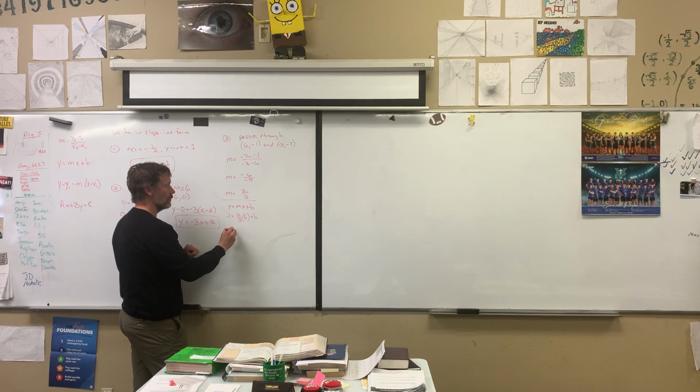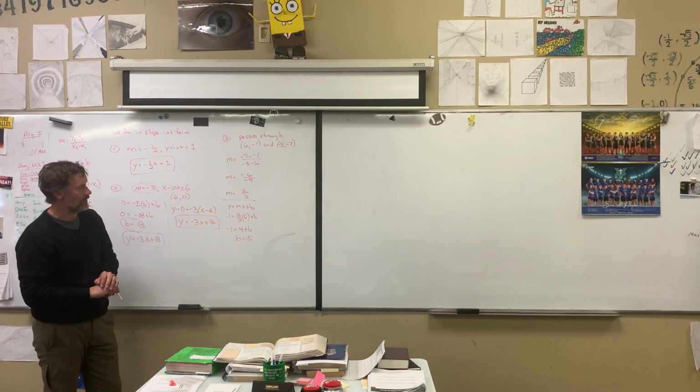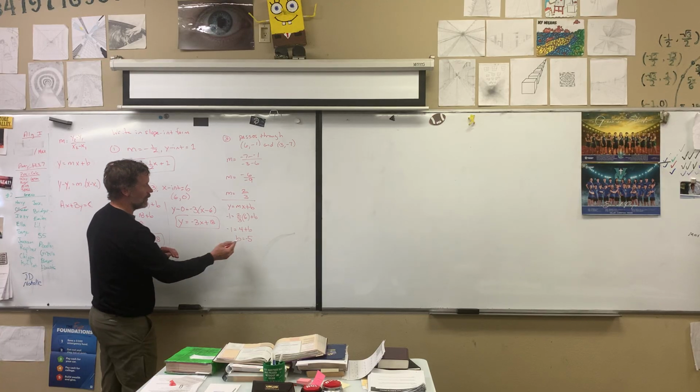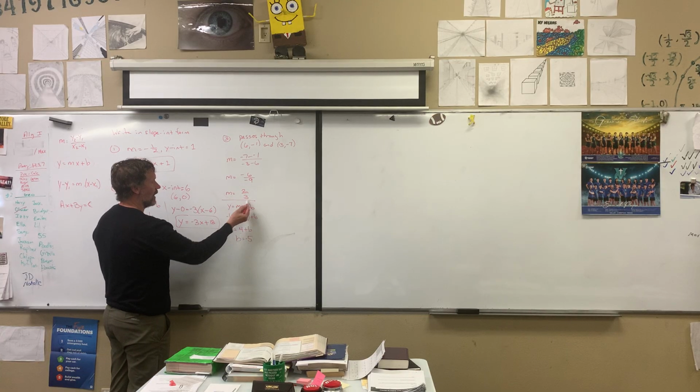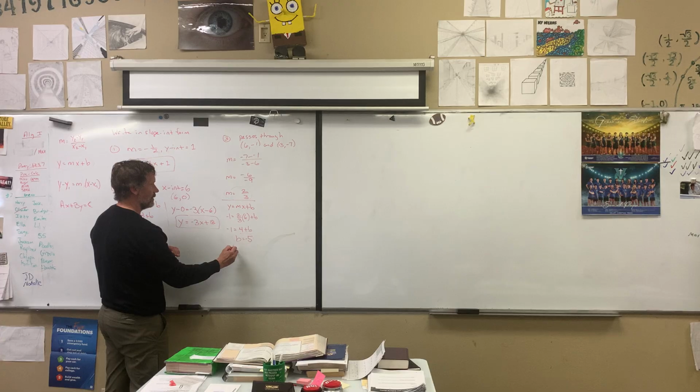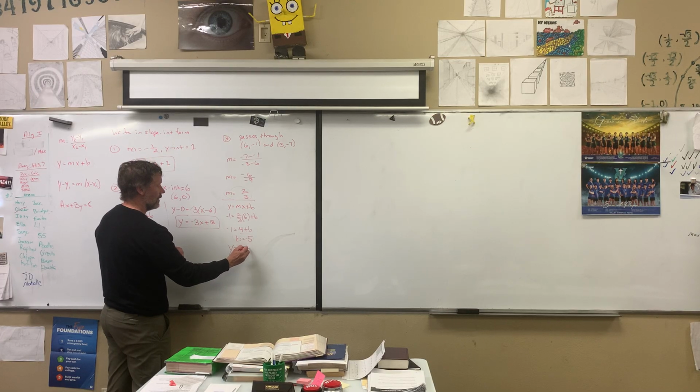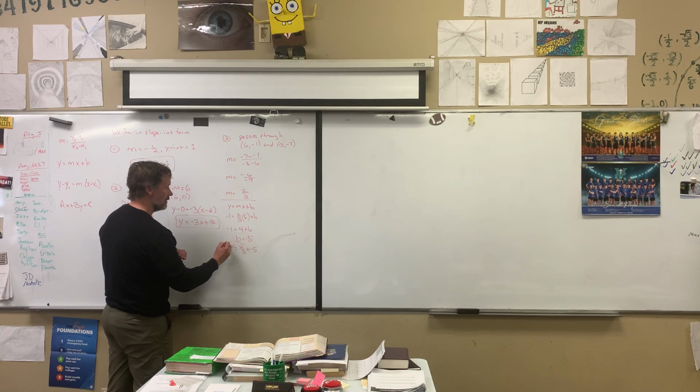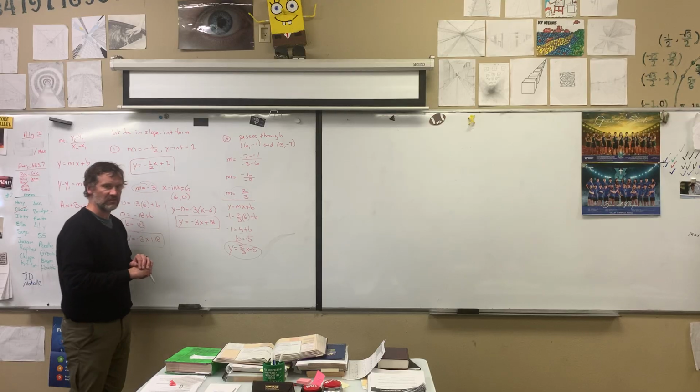2/3 times 6, so then we just do a little bit of arithmetic, and we get 4 plus b, so b equals negative 5. Once I have that negative 5, I know my b value, I know my m value, and I say y equals mx plus b. And there's my answer, just like that.